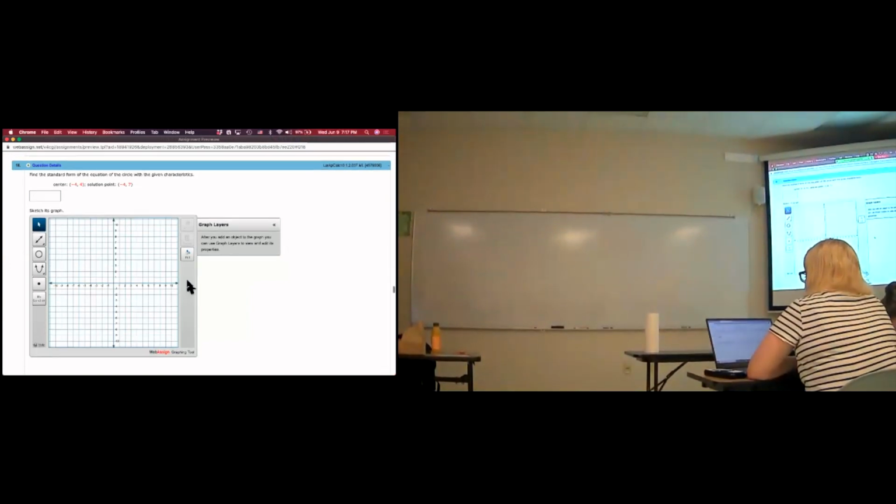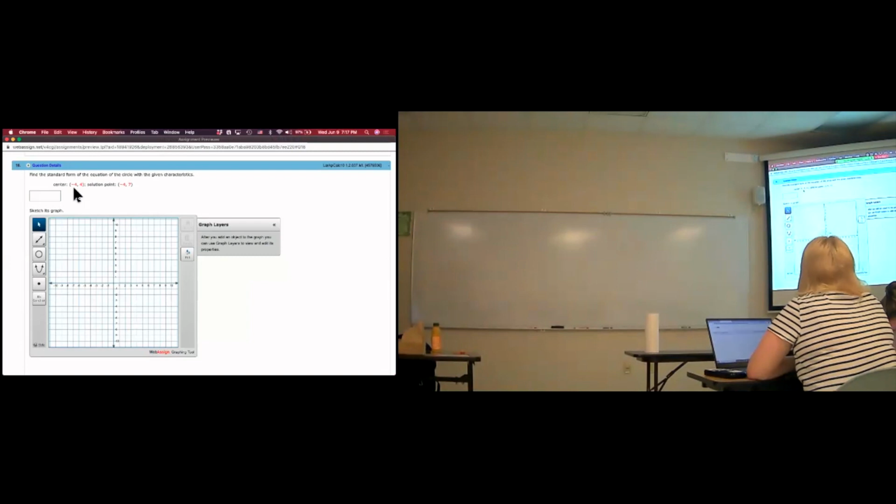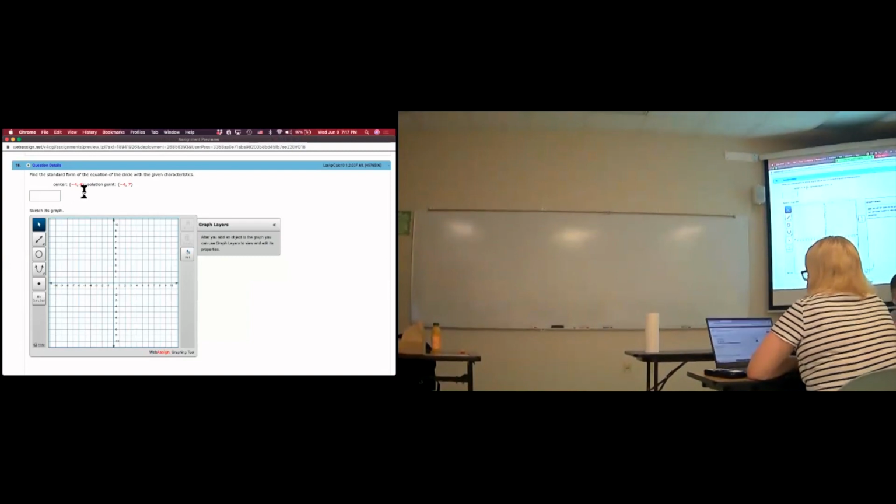So for 16, first thing we want to do is find the center, right? It's going to be negative 4, 4. That is the point x negative 4, y 4, right there. Now, we want to drag out to negative 4 up to 7, right?